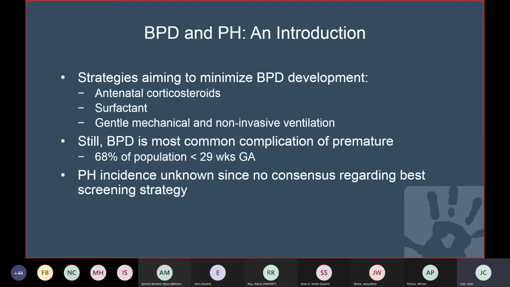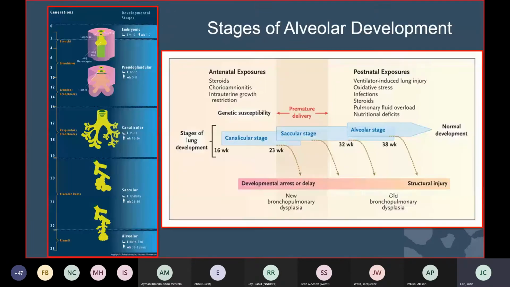And I will talk about this as we go further in the hour. Still, nationally, BPD is the most common complication of premature birth. And in some reports, still up about 2/3 of the population born at less than 28, 29 weeks gestational age. The incidence of pulmonary hypertension, however, is unknown since there's really no consensus regarding the best screening strategy.